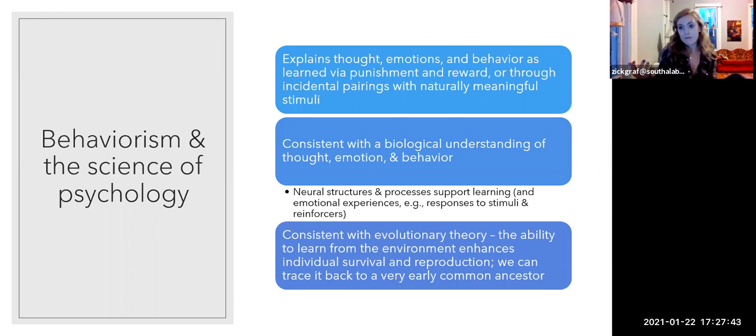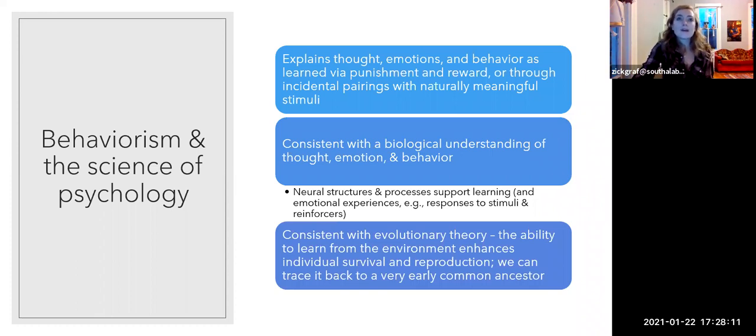Behaviorism is also very consistent with evolutionary psychology, which is the theory that most behaviors that humans engage in that are universal to our species evolved because they were helpful to survival or reproduction at some point in our history. Behaviorism is very consistent with this idea because, of course, the ability to learn from our environment and change our behavior in response to contingencies in the environment is obviously going to be very beneficial for individual and species survival.